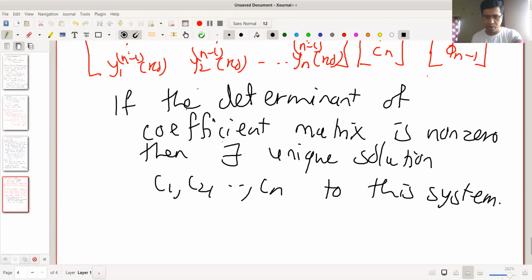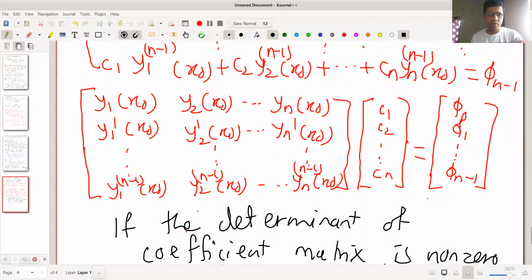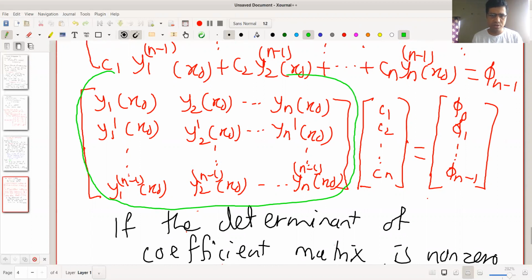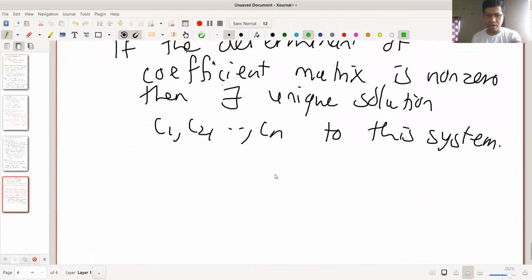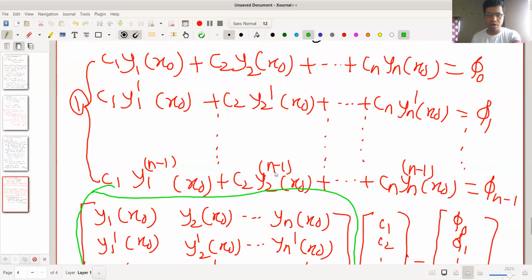But what is the determinant of the coefficient matrix? The determinant of this coefficient matrix is the Wronskian, the Wronskian at x naught. And the given thing is that the Wronskian at x naught is non-zero.